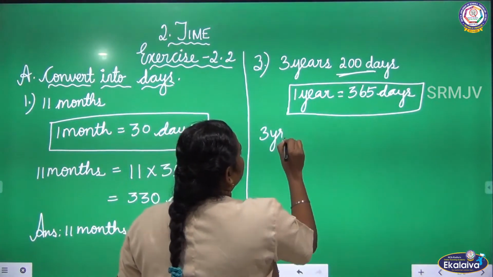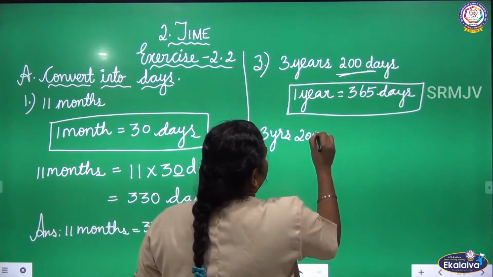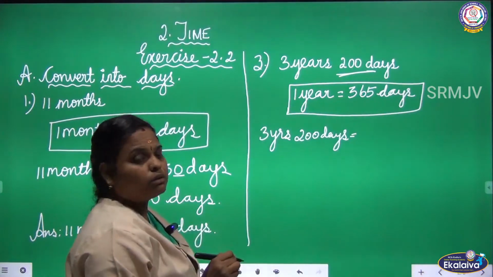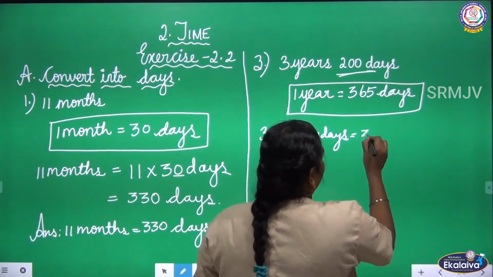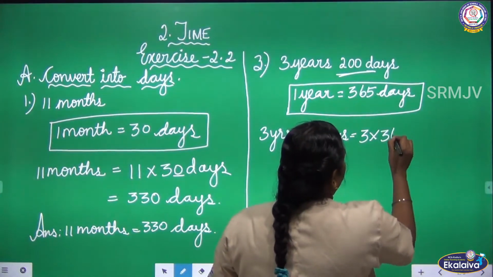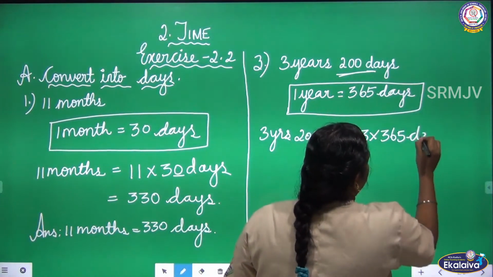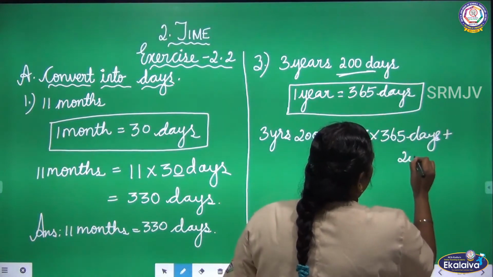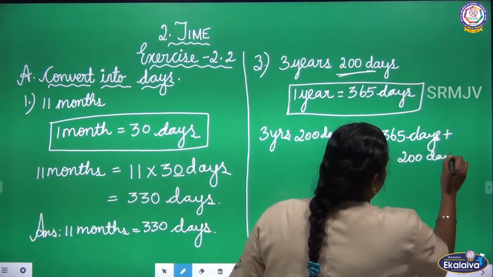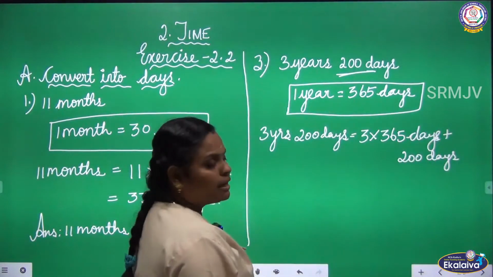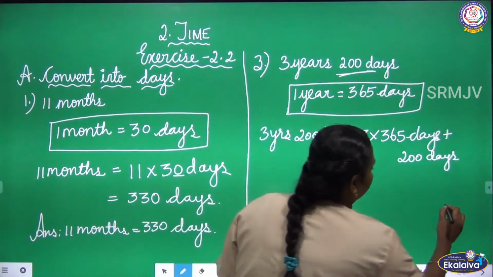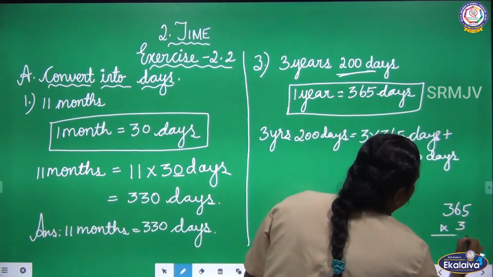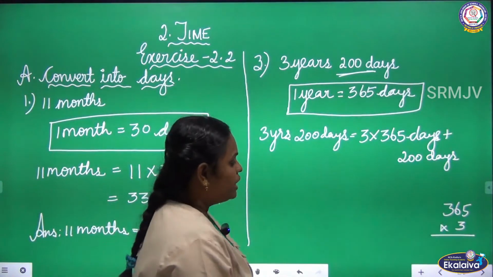So 3 years 200 days equal to 3 into 365 days plus 200 days. So multiply and tell me 3 into 365. If you multiply 365 into 3, 3 5s are 15.